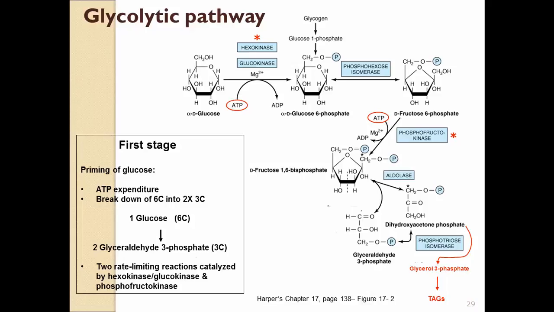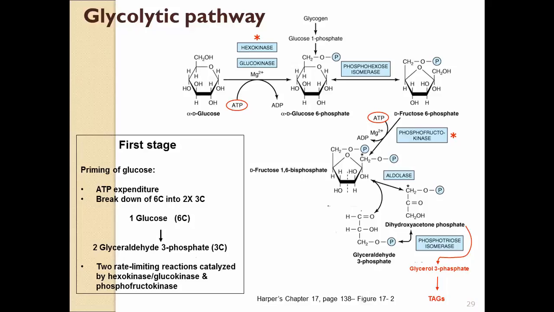This reaction utilizes 1 ATP. And the second step is the step that converts fructose 6-phosphate to fructose 1,6-bisphosphate, right? And this step also utilizes 1 ATP. So 2 ATP molecules are consumed during the first stage.